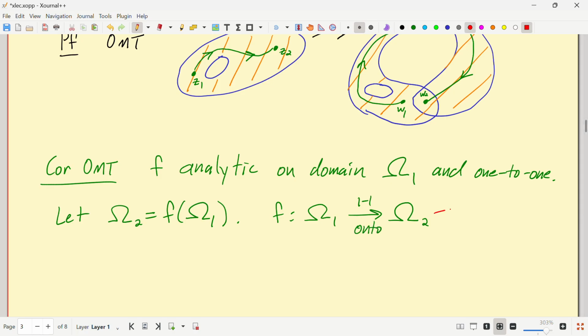And of course we know this omega 2 is a domain. By the way, it being 1 to 1, one to one implies not constant.